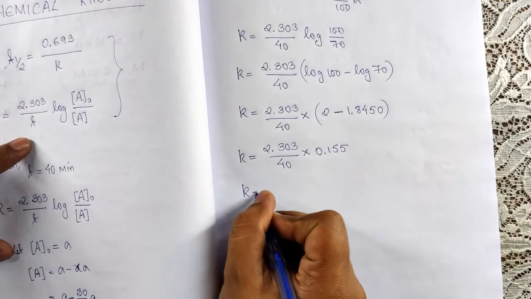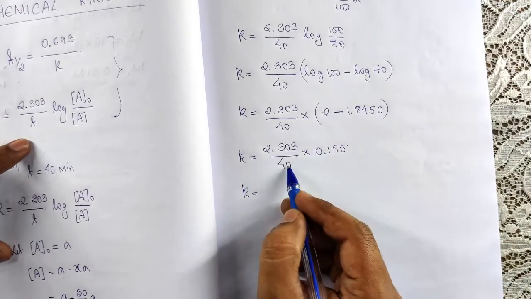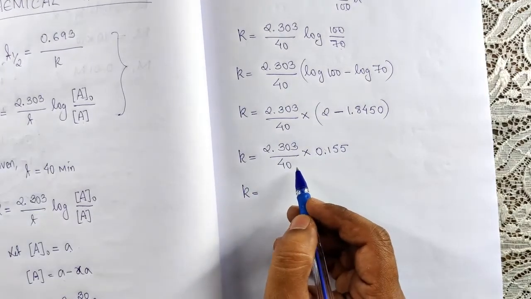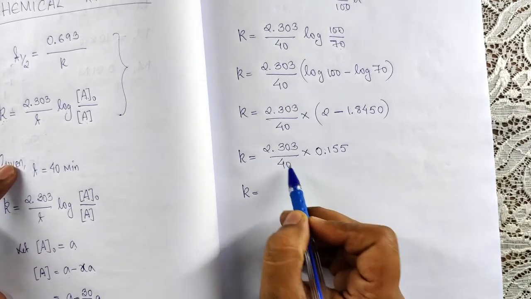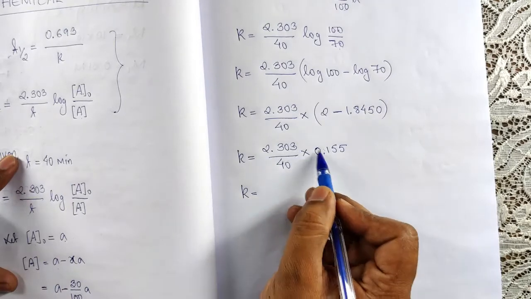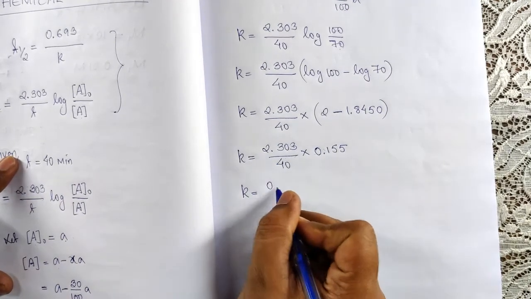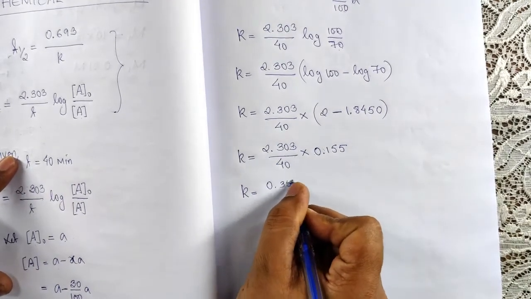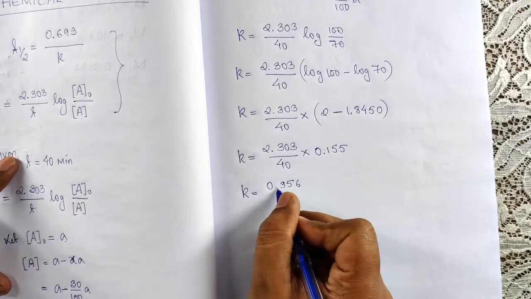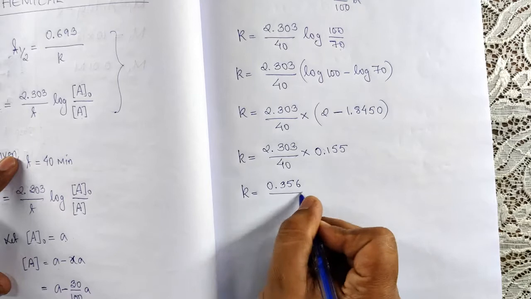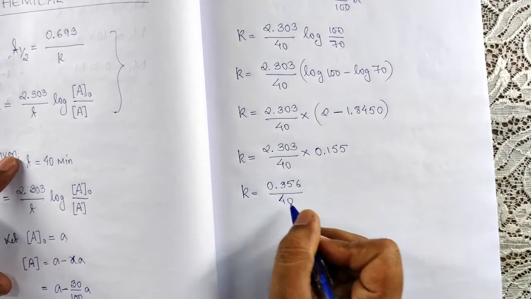Now for K, you multiply these two and divide by 40. Or if you don't want to multiply, you can take log and anti-log and then calculate as well. If you multiply these two, you should get 0.3569, or you can write 0.356, divided by 40.